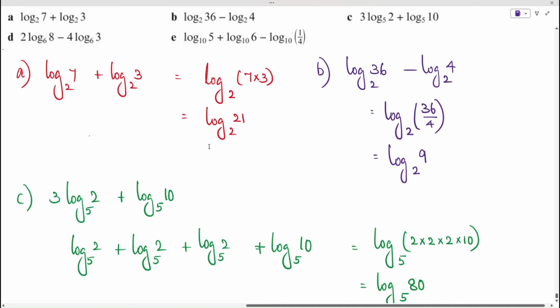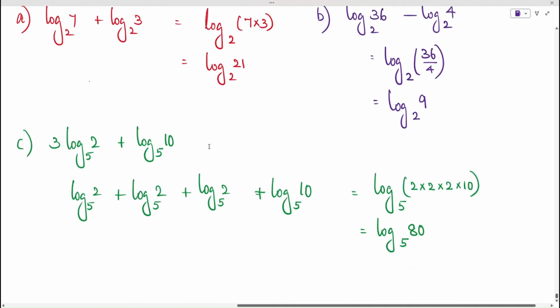Question D. So you have 2 log 8 to the base 6 minus 4 log 3 to the base 6.